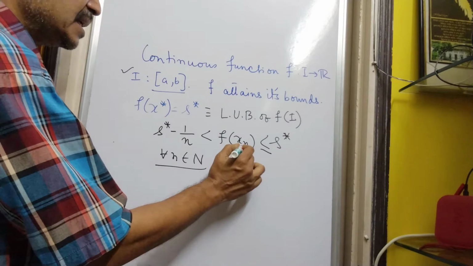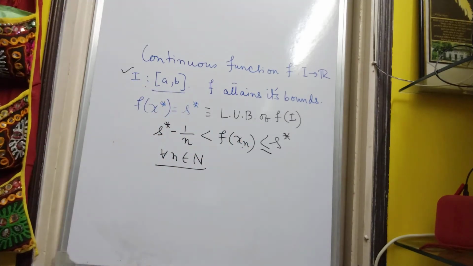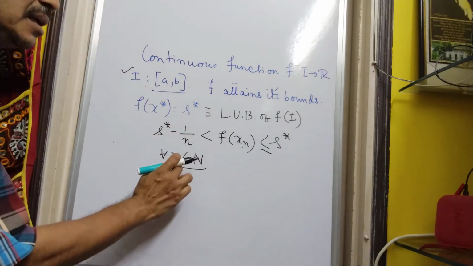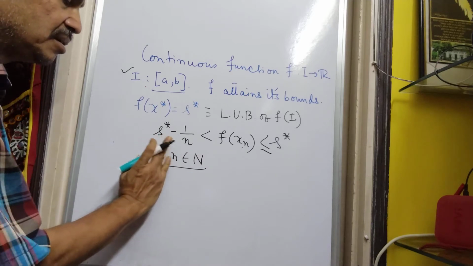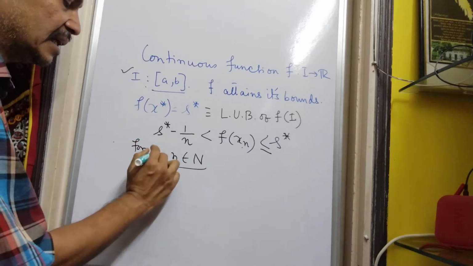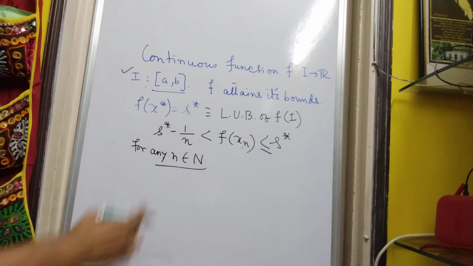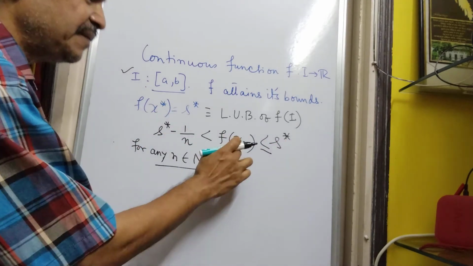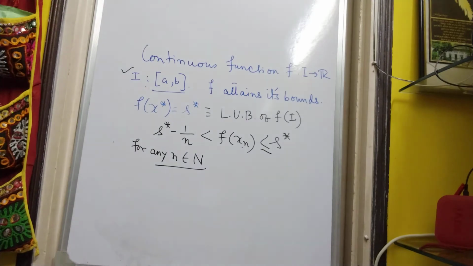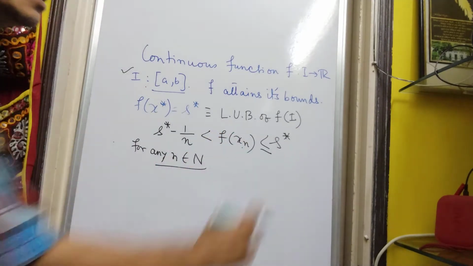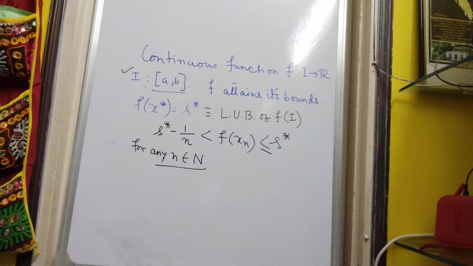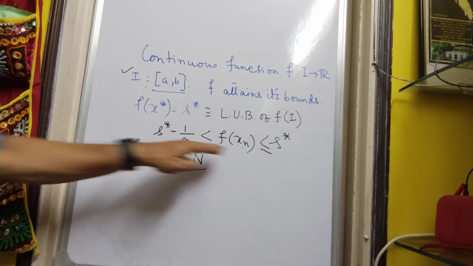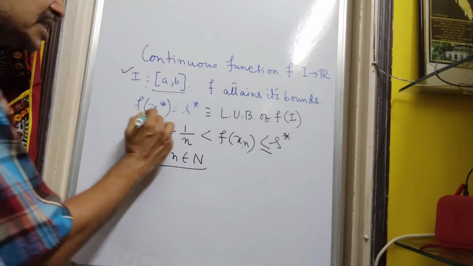So this xn is chosen from this interval, and for any n, whatever be the n, we have this true, and for this set of values xn, f(xn) is less than or equal to S star. So this is a very crucial relation.